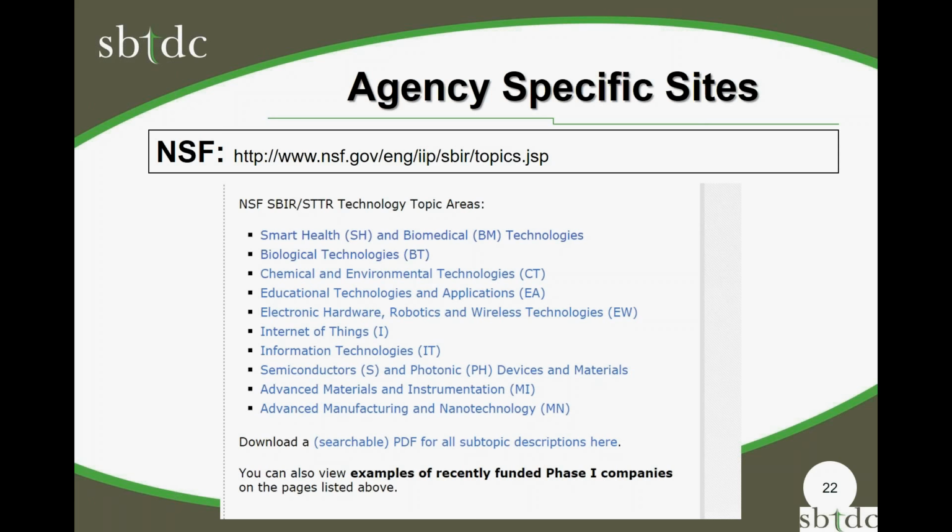NIH and NSF, their topics and solicitations don't change much from one release to the next. Those 2 agencies are considered grant-based agencies. And what that means is that, again, topics don't change much from one year to the next.